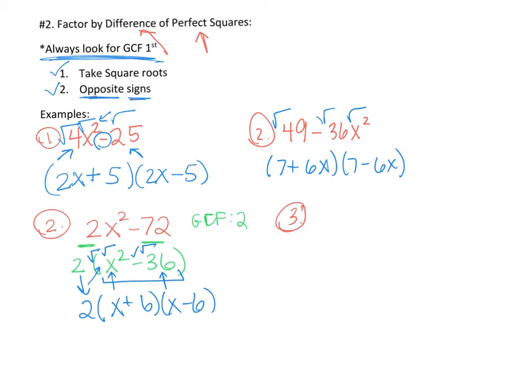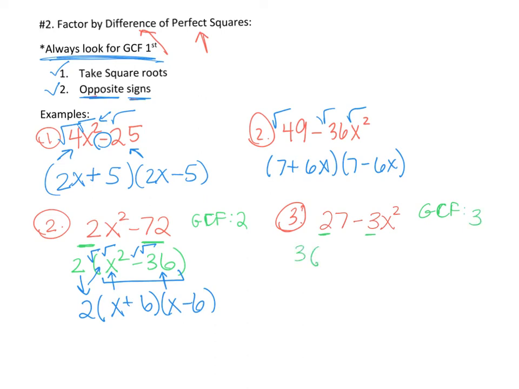Let's say we have 27 minus 3x squared. Right? So upon first look, I'm thinking to myself, well, this just isn't perfect squares because, oh, wait a second. What about this GCF that we have here? 27 and 3, I can divide out by a 3.